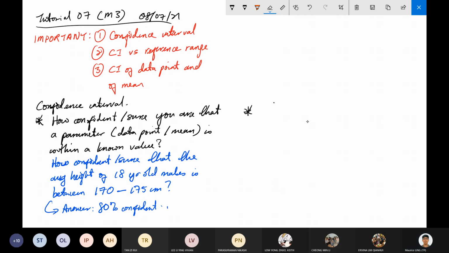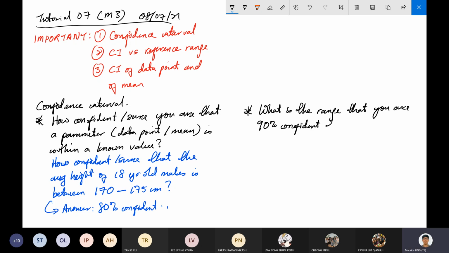Given a range, what is the range that you are, let's say, 90% confident that a parameter will fall under? Will be in.